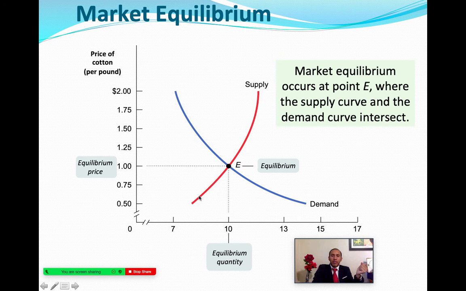The market equilibrium is always where the supply and demand intersect one another. We have an equilibrium price, an equilibrium quantity, and a market equilibrium, which is exactly point E. The market equilibrium occurs at point E, where the supply curve and the demand curve intersect one another. And we have a market clearing activity.